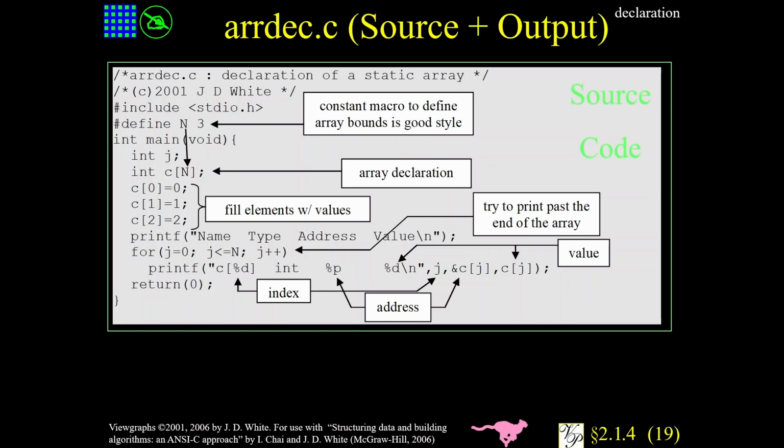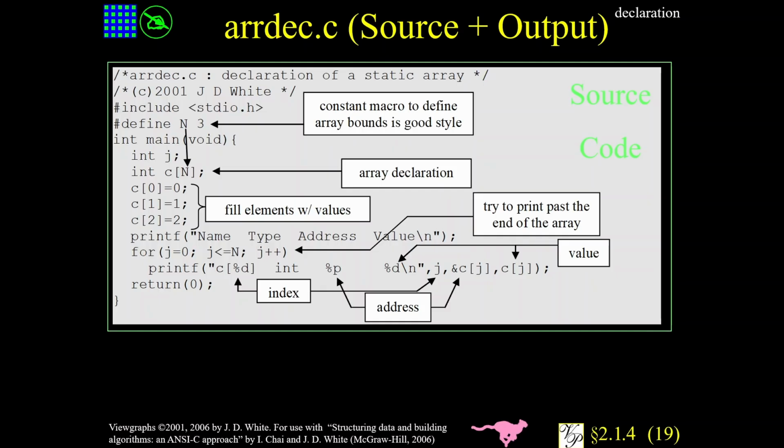Okay, let's start at the very beginning and walk through it. I just want to highlight a couple of things in the code. Again, you see the constant macro, which says replace everywhere in this text file capital N with the number 3. We then filled it with values, and then we printed past the end of the array.